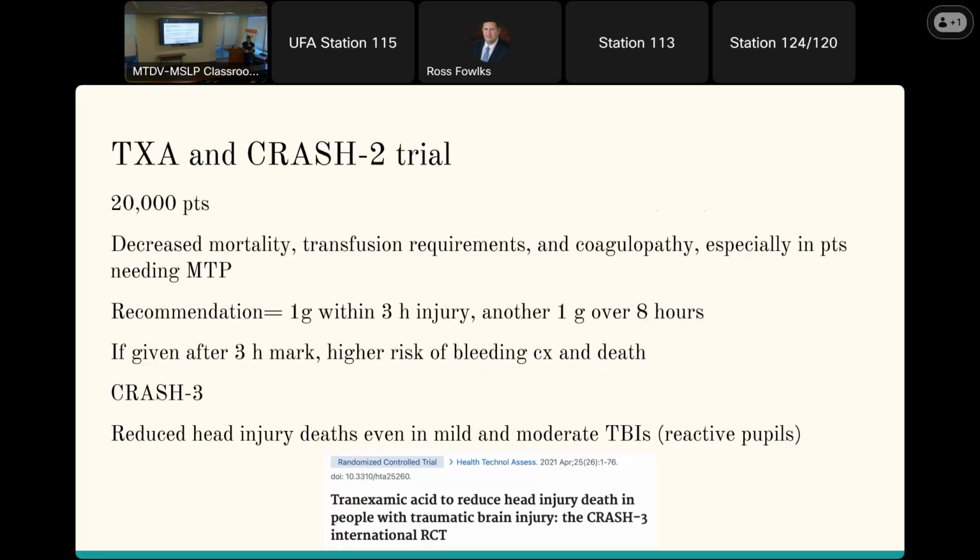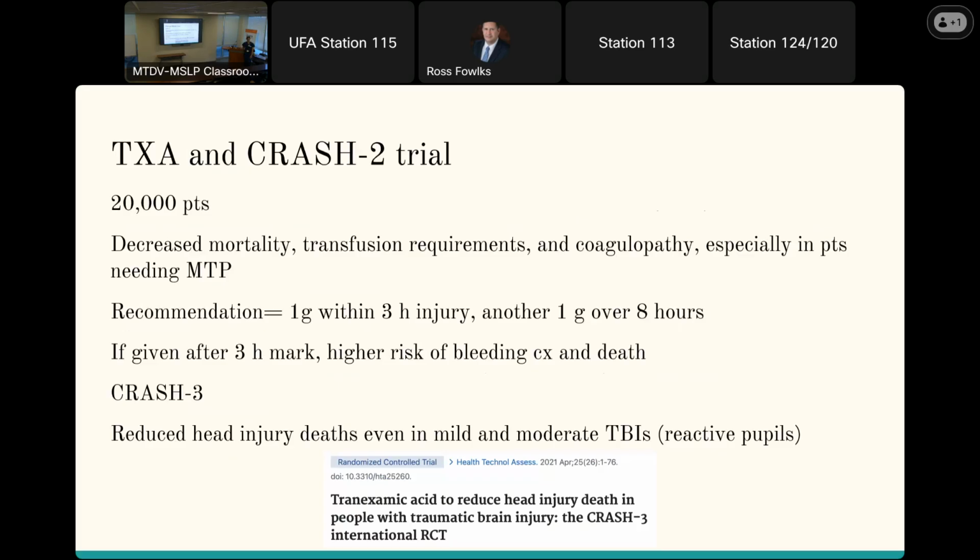So backing up to the CRASH-2 trial, basically in people that are hemorrhaging. So they are in a car crash and have polytrauma, distended abdomen, broken femur. We will make sure that it is given within 3 hours of the injury. So I think this is mostly applicable to any life-flight group.